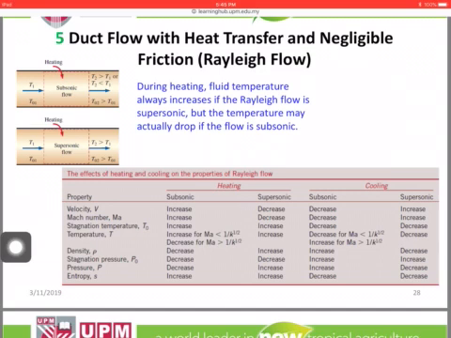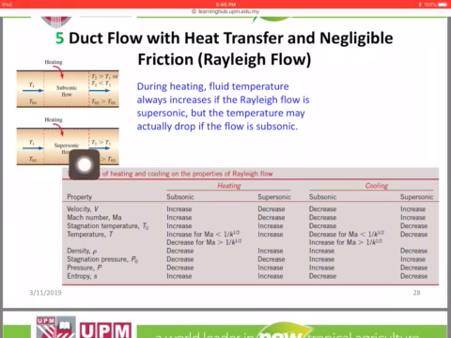If you look here, when there is heating, what will happen? We assume that the temperature will increase, but for subsonic flow, in some cases it can increase but in others it can decrease.